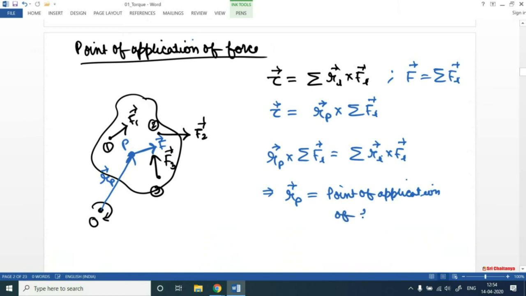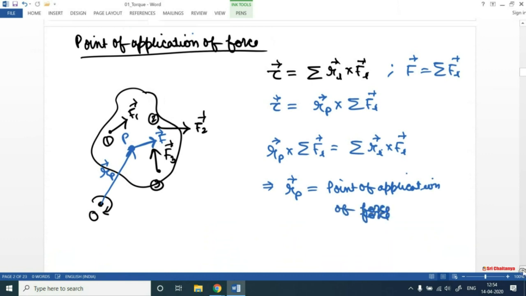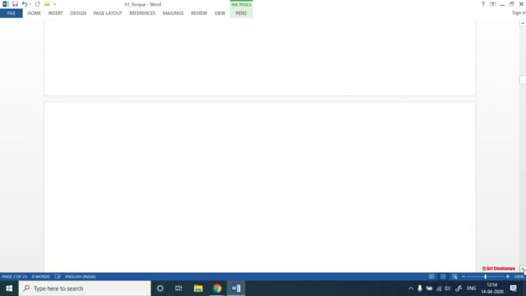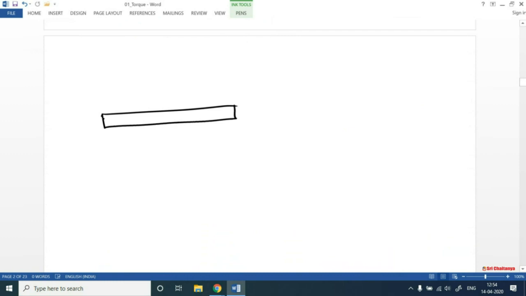Let's take a very simple example in order to find out the point of application of force. Let's say we have a simple straight rod and we are applying 20 Newton force here, 30 Newton force here, and say 50 Newton force here.